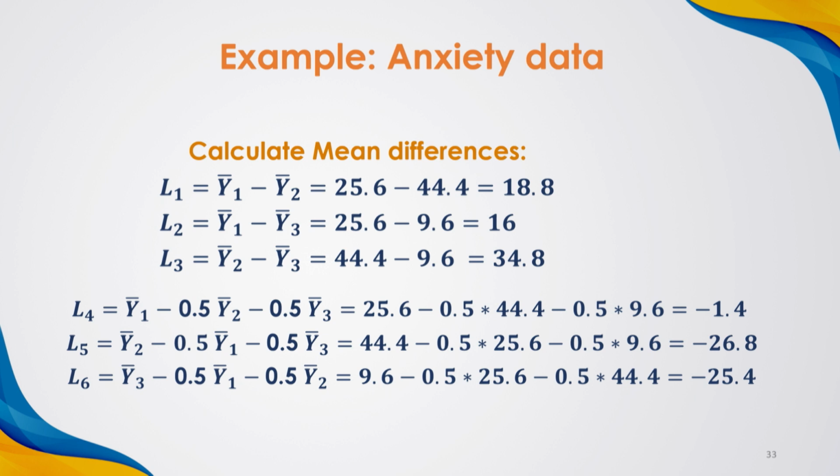In the previous formula I have mentioned the coefficient of the treatment j. So, here we will look at what is the coefficient for the treatment j in the ith comparison. So, in L1, the coefficient of the treatment 1 is 1 and the coefficient for treatment 2 is minus 1. So, we are going to take this value as our input for Cj.